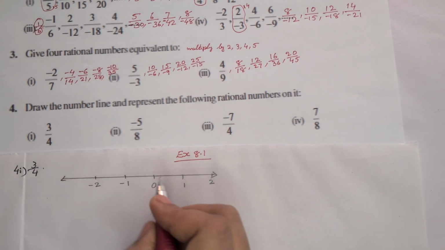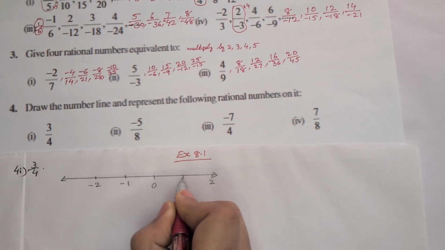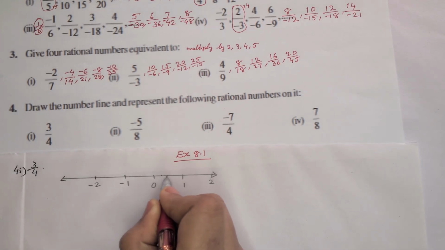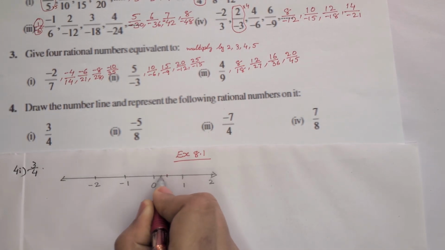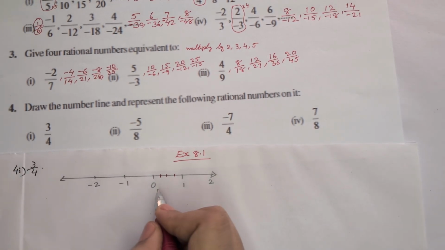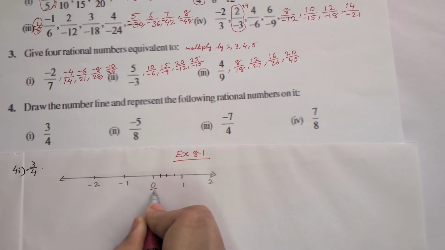So 3 by 4 means we are dividing the space between 0 to 1 into 4 equal parts. This is the midpoint. Now we can see 4 equal parts. 0 we can write as 0 by 4 if we want.